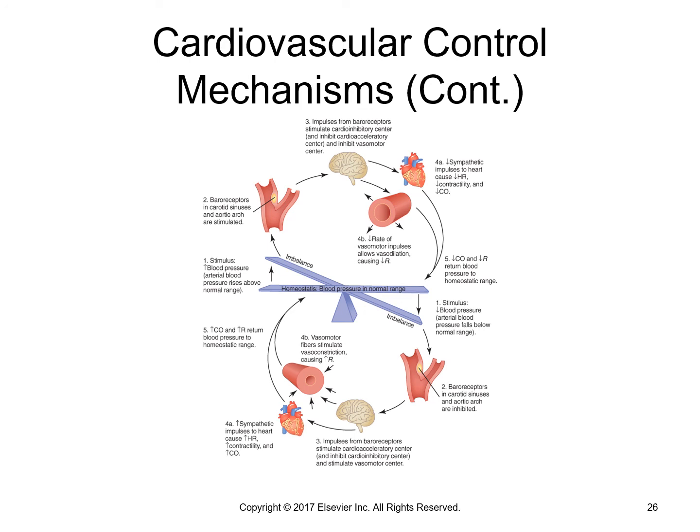Before it was the cardioinhibitor centers, now the cardioaccelerator centers are being stimulated, and that leads to increased sympathetic impulses to the heart, which leads to increased heart rate, increased contractility, increased cardiac output, which then also is going to vasoconstrict.